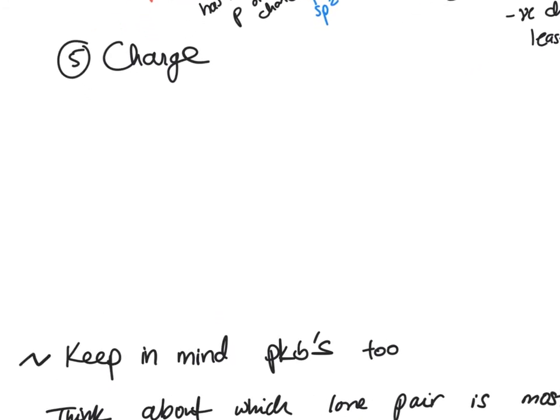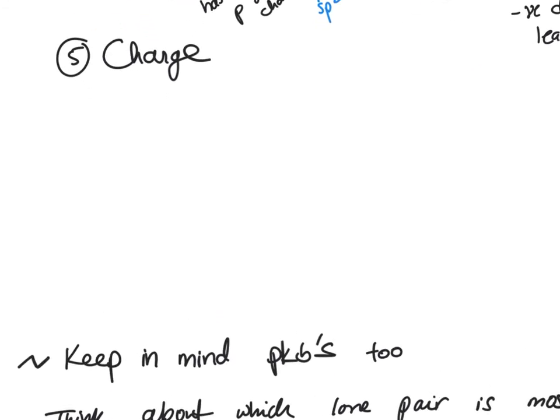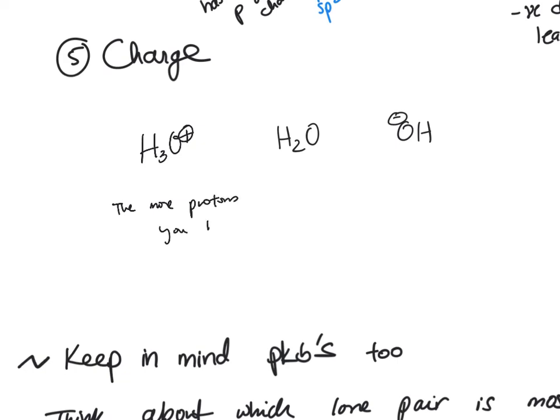What your book does not cover is charge, which is a pretty simple concept that should have been covered in your book. And we can look at a simple example such as the hydronium ion versus water versus hydroxide. It is important to realize that the more protons you have, the more acidic something is.